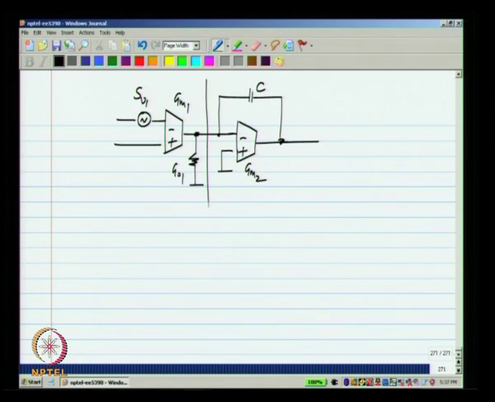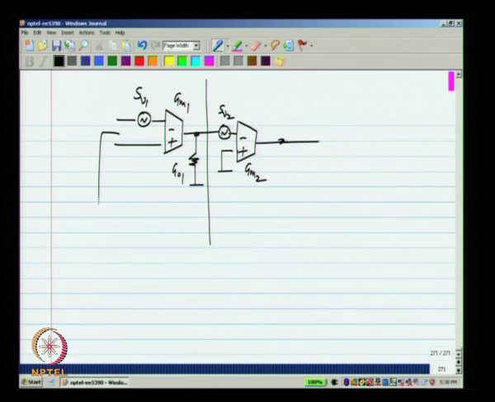So, what I will do is I will calculate the effect of the second stage either on its input or on its output. Okay. So, let us say I evaluate the second stage noise referred to its input, and as I mentioned I will remove the capacitor C. Okay. So, what happens, I will have some SV2. Okay. So, that is some voltage noise added over there.